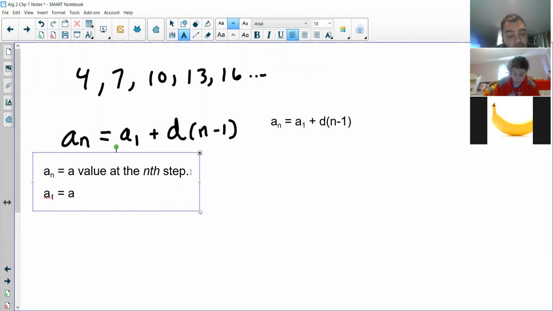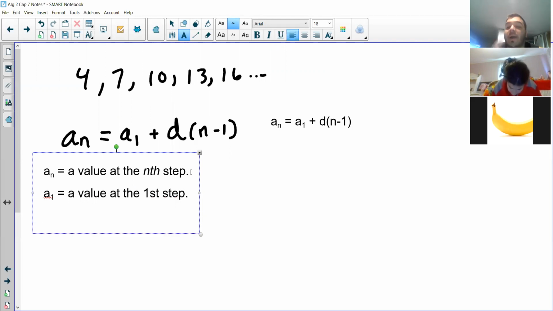While a_1 is very particular: the a value at the first step. So n is for any number, any particular number I might be looking for. Well, a_1 is always going to have to be my first number.